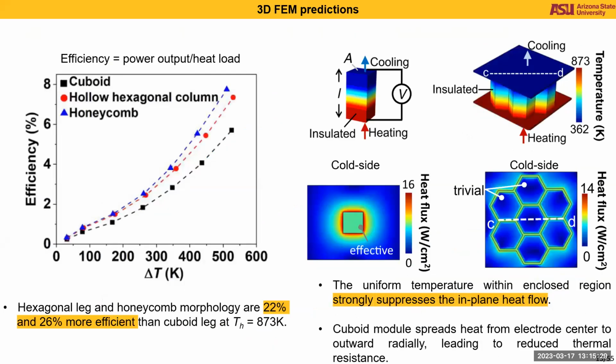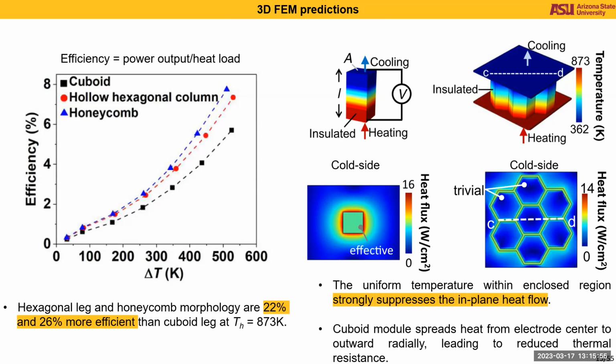So using FEM, we estimated the generation efficiencies of cuboid, hexagonal, and honeycomb architectures. At lower temperatures, we don't really see much difference in the efficiencies, but at higher temperatures, we can see that the hexagonal column provides us 22% more efficiency, and the honeycomb architecture provides us 26% more efficiency than simple cuboid shape.